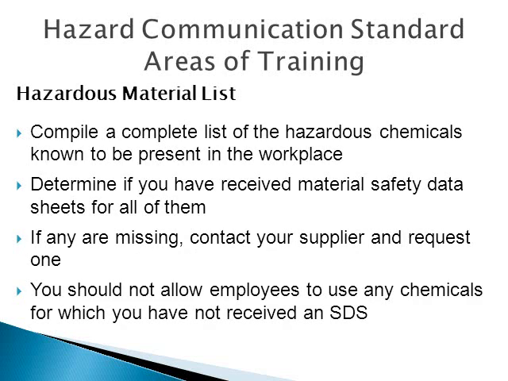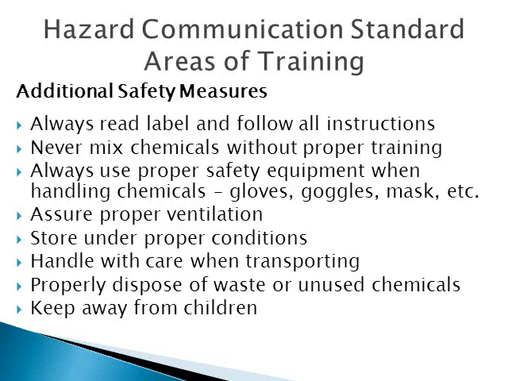Employers are also required to compile a complete list of all known hazardous chemicals in the workplace. Also, employers must have a safety data sheet for each chemical and replace any that are missing. If you do not have a safety data sheet, employees should not be allowed to use that chemical.